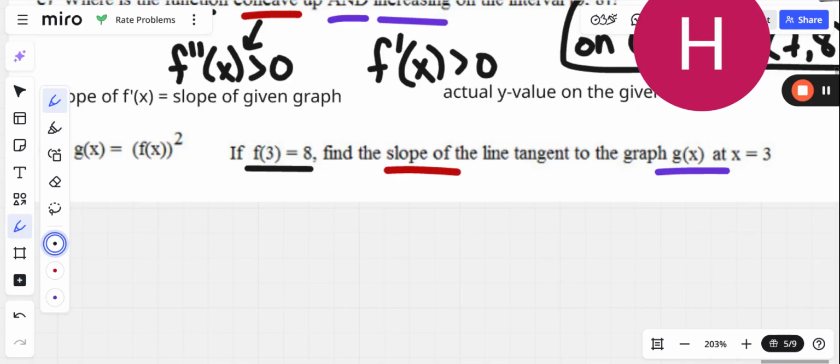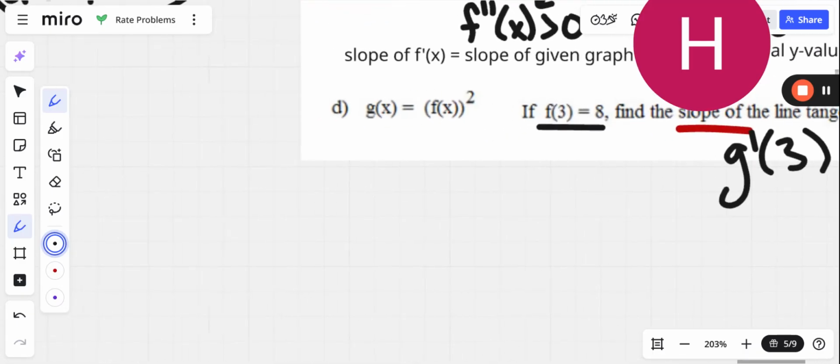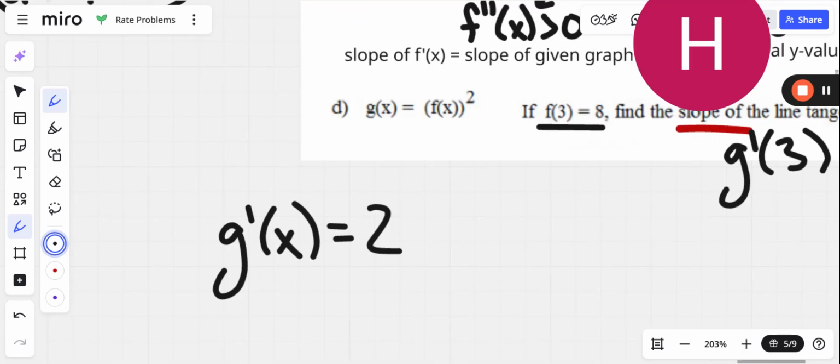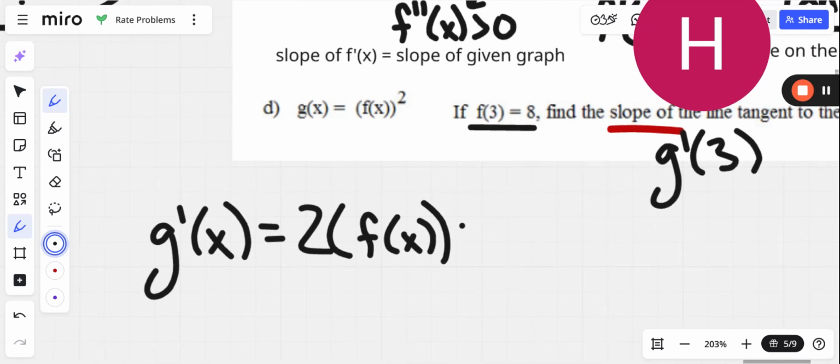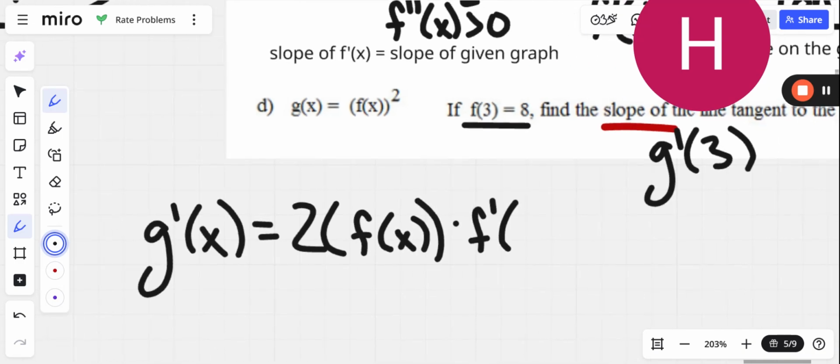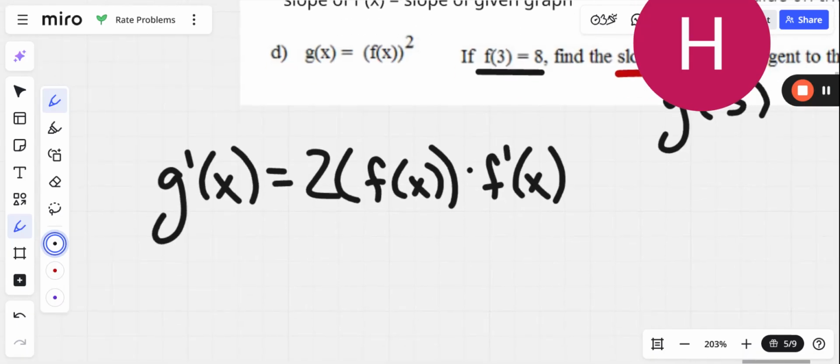You just need to take the derivative and find the slope. So we basically want g prime of 3. If g of x is f of x squared, that means g prime is the derivative, which is going to be 2 times f of x, that's why we needed the initial condition, times f prime of x.